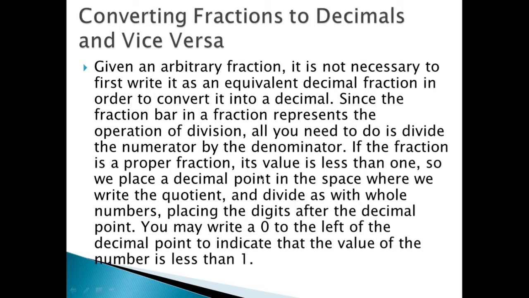So, if the fraction is a proper fraction, its value is less than 1. So, we place a decimal point in the space where we write the quotient and divide as with whole numbers placing the digits after the decimal point. So you may write a 0 to the left of the decimal point to indicate that the value of the number is less than 1.